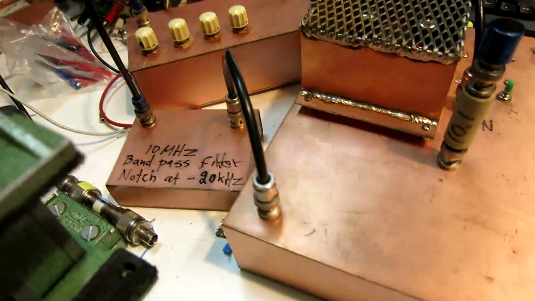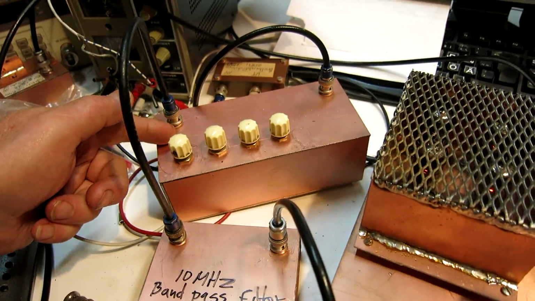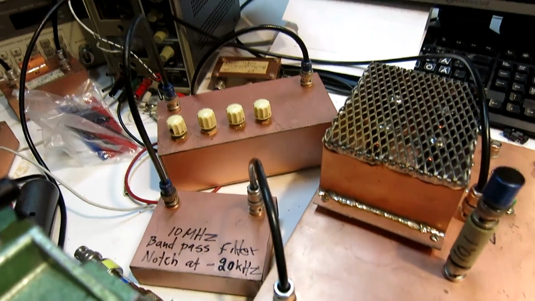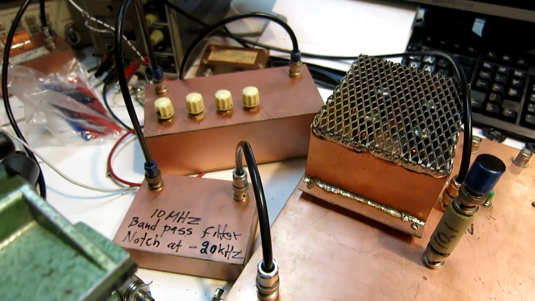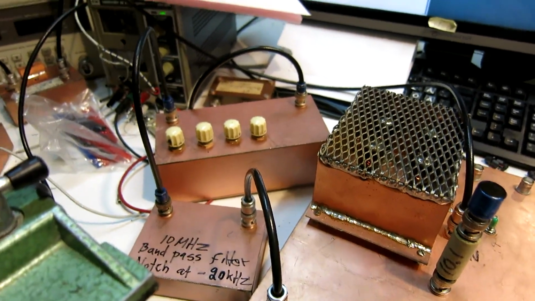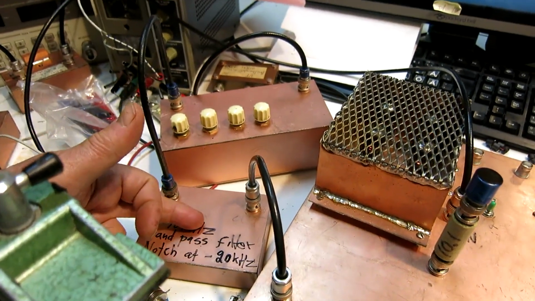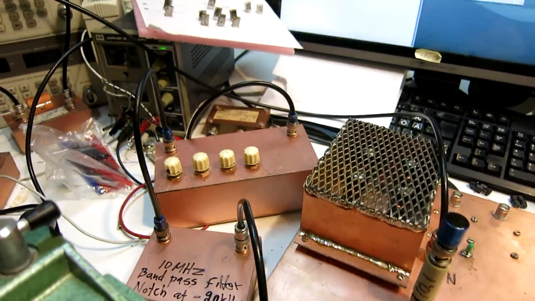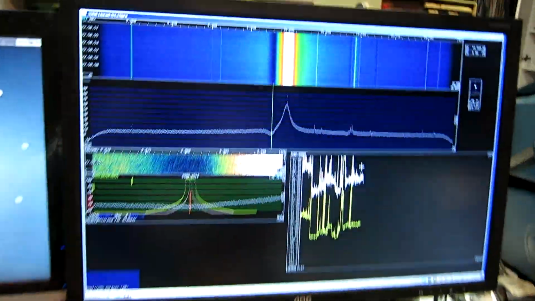I have inserted that notch filter in front of the amplifier at 10 megahertz to investigate from where I get noise sidebands. And it's of course possible that I can get sidebands from this unit also, or from connectors or whatever, but some conclusions will be possible.